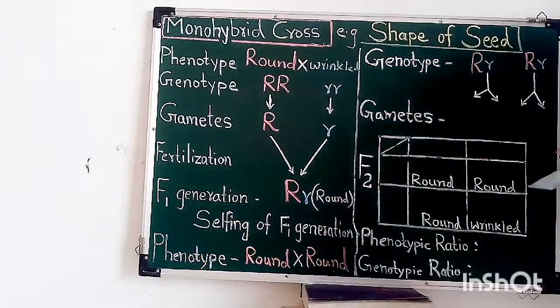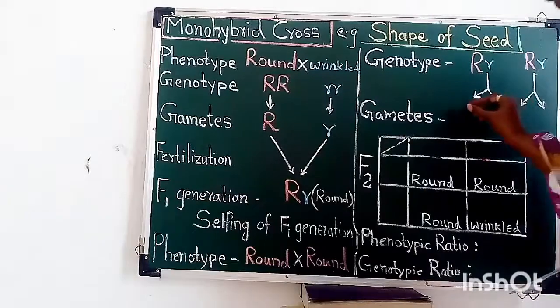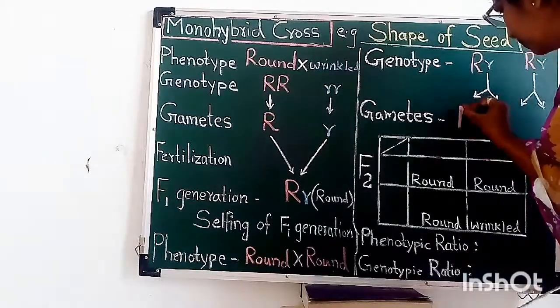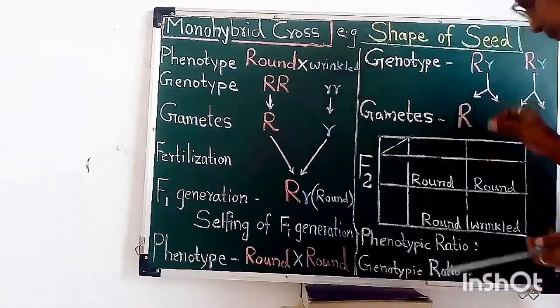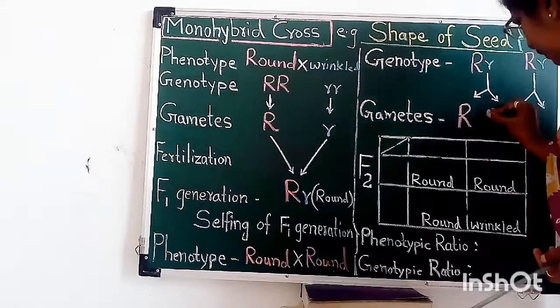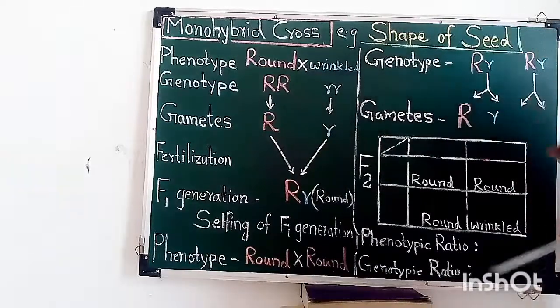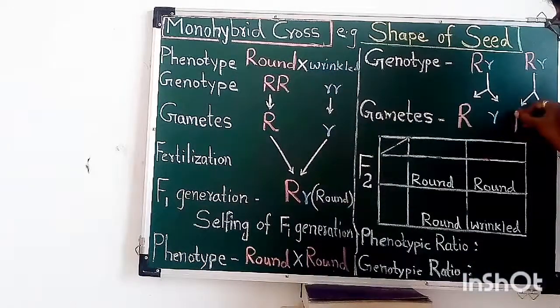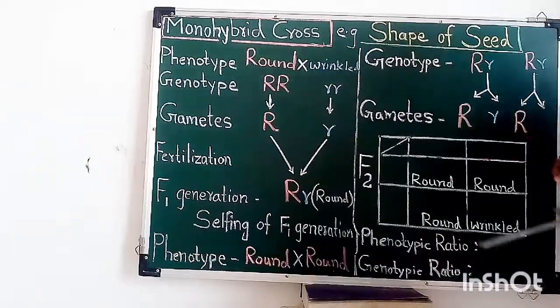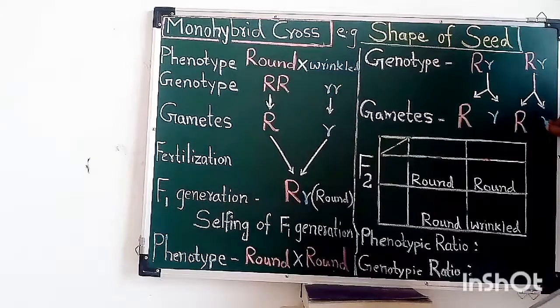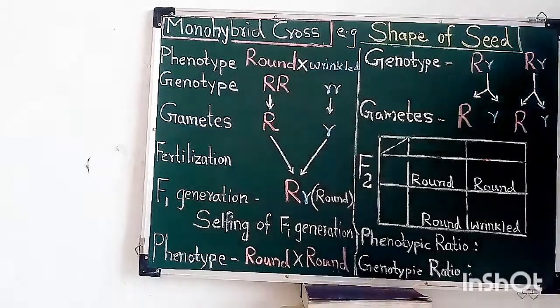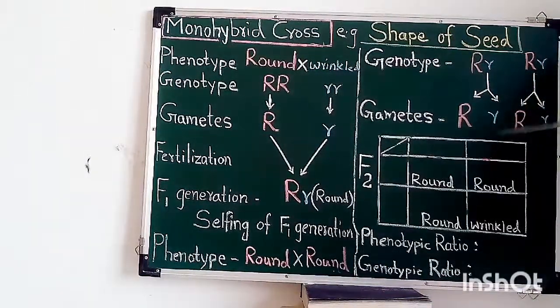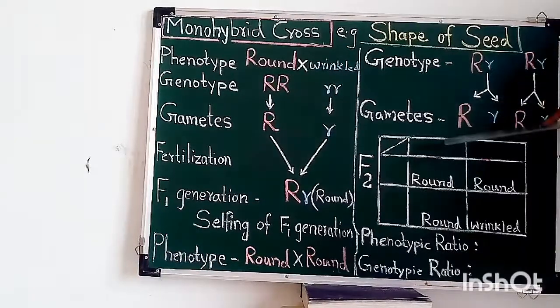Now the male parent will form gametes, and the gametes will separate from each other. So this is one gamete, this is the second gamete. For the female parent also, this is one gamete and this is another gamete. Now these are the gametes for the second generation.